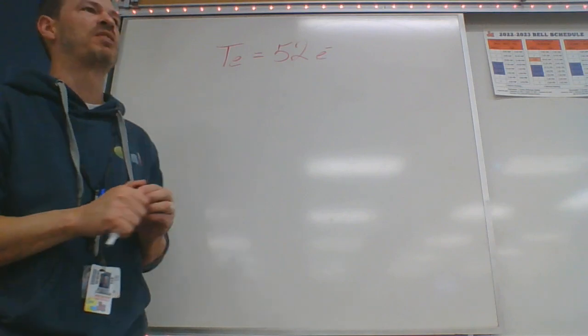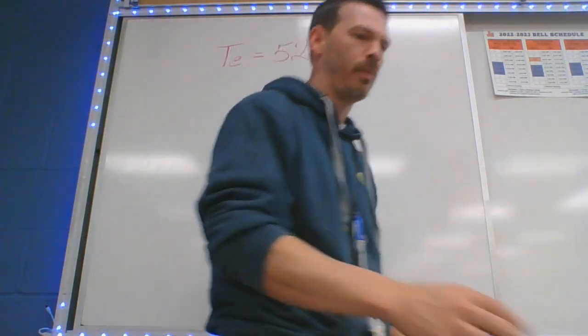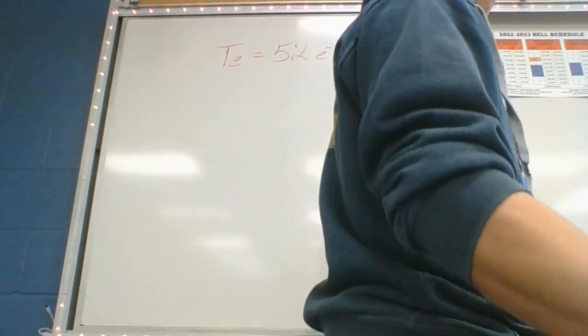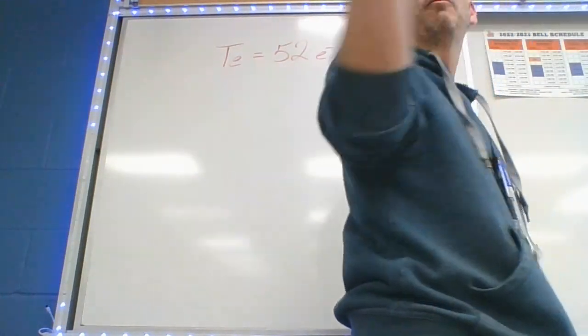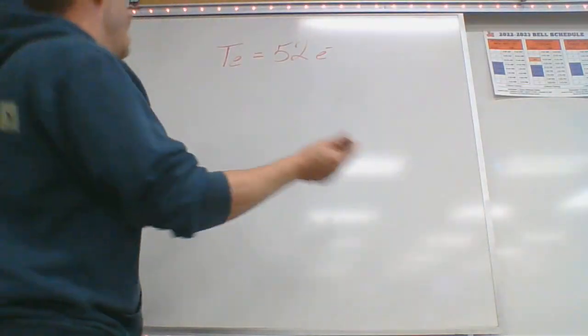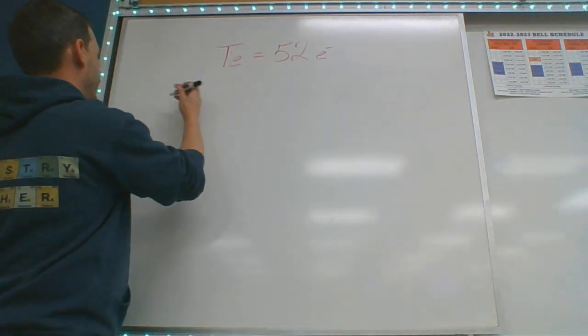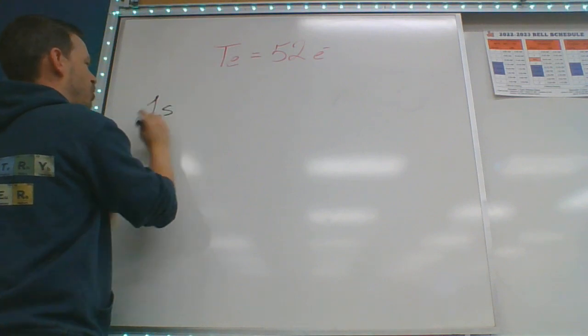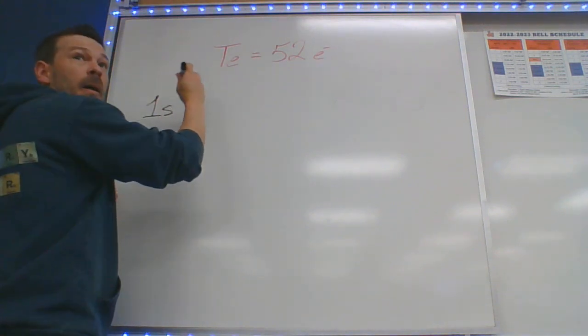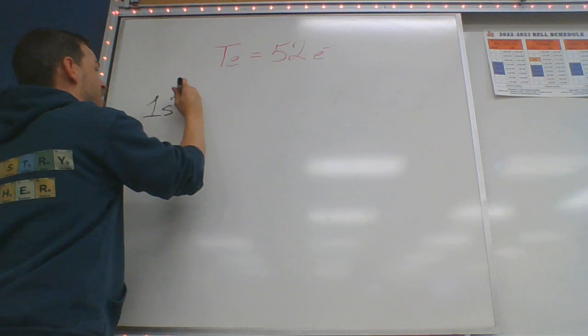So let's get some help. Let's have someone spit out the first 3 steps. Let's go over to cluster 6 again. Seat 5. 1, 2, 3, 4, 5. Hey, 5. Can you just start me off? 1s, and now remember exponents, so it's 1s2. What comes next?